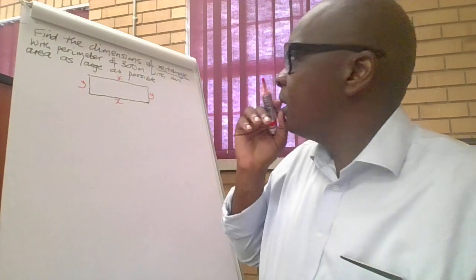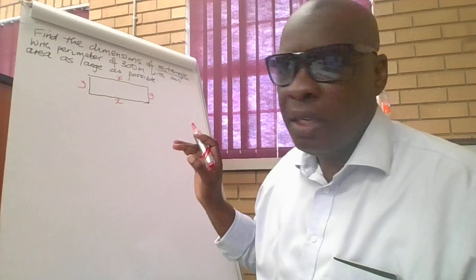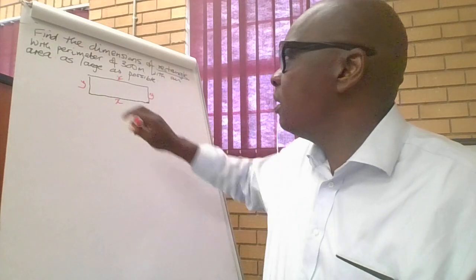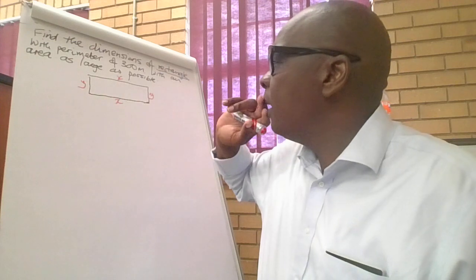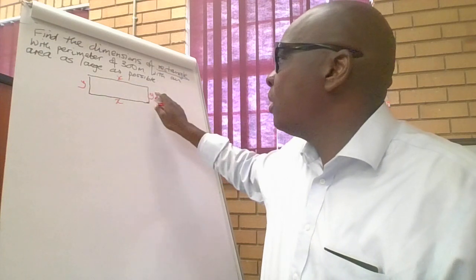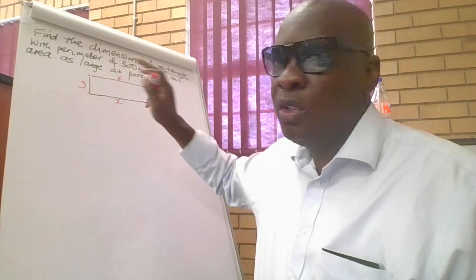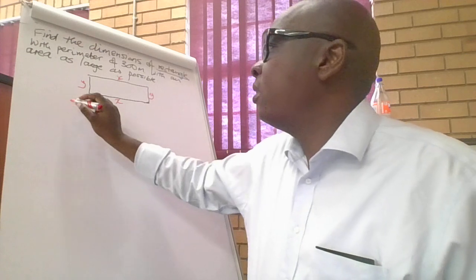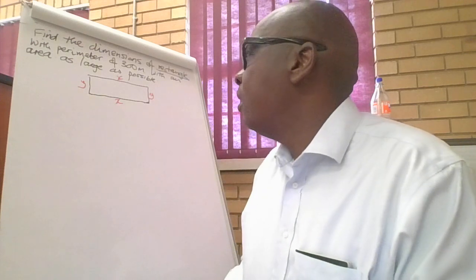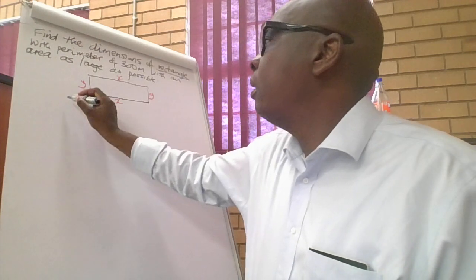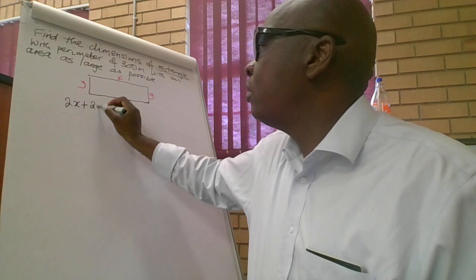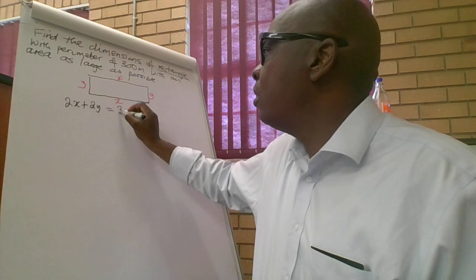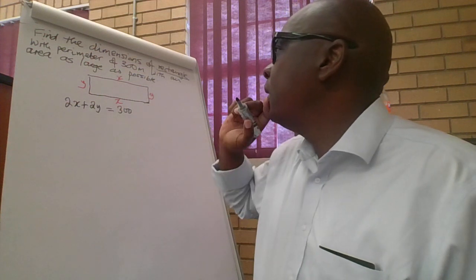So now the question says the perimeter of this is equal to 300. That means perimeter is the distance right around the shape, and if I add x plus y plus x plus y, that should give me 300. So I can have an equation which says 2x plus 2y is equal to 300.